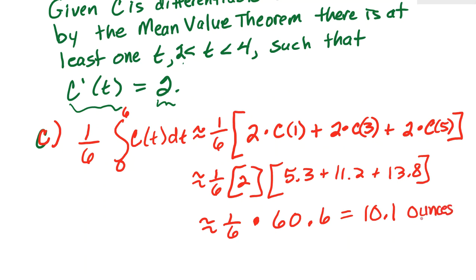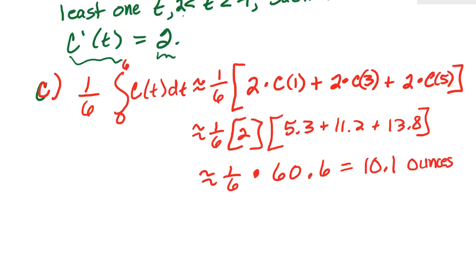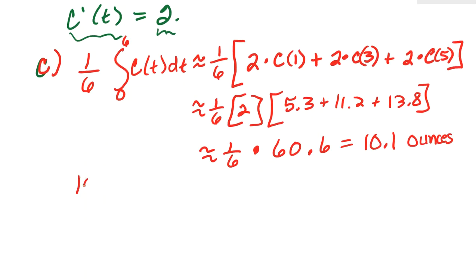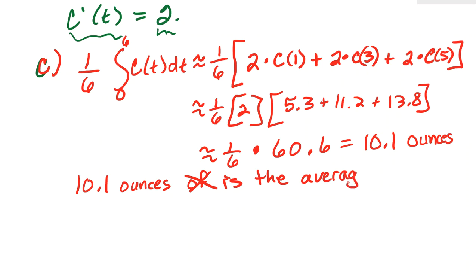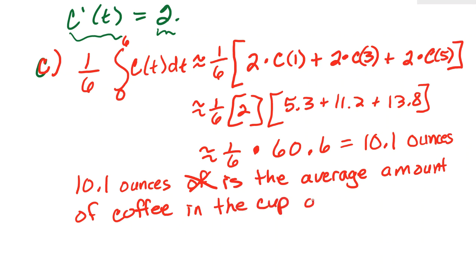C is measured in ounces of coffee in the cup. All right? And then we were to explain the meaning of that. So that is 10.1 ounces of coffee, or 10.1 ounces is the average amount of coffee in the cup over the interval from 0 through 6 minutes.